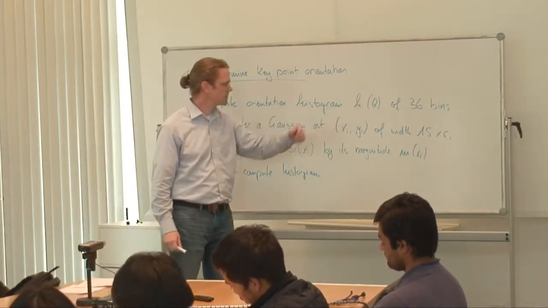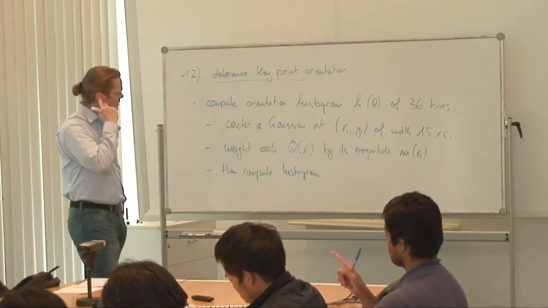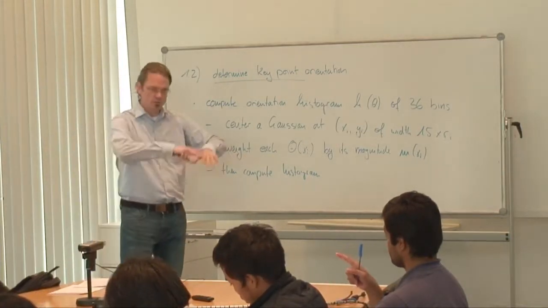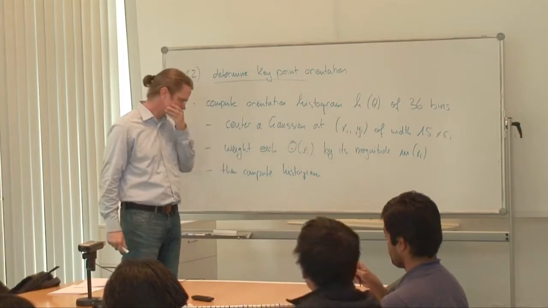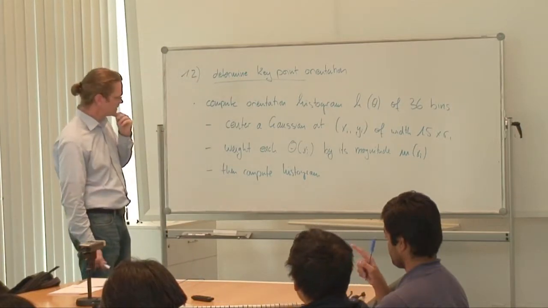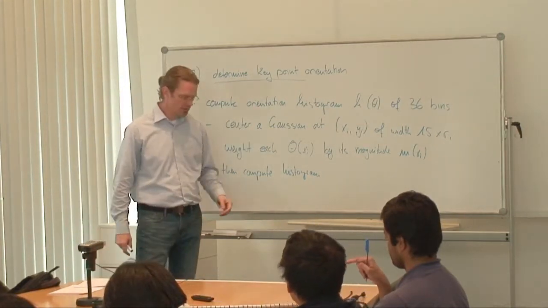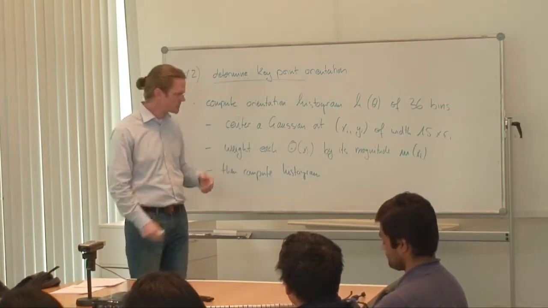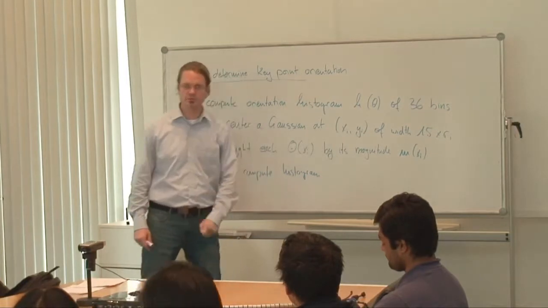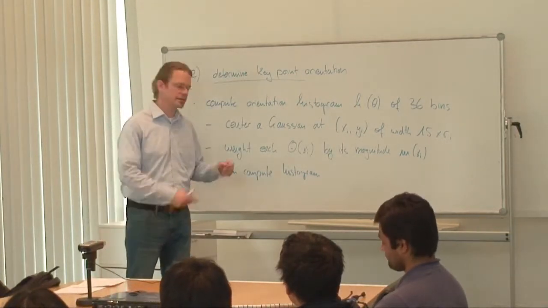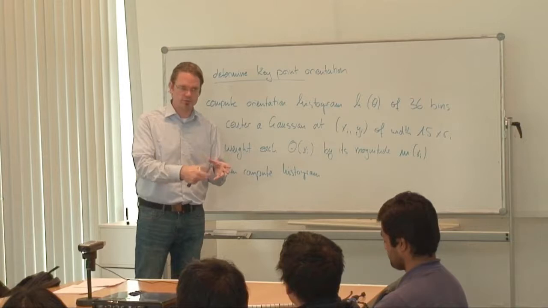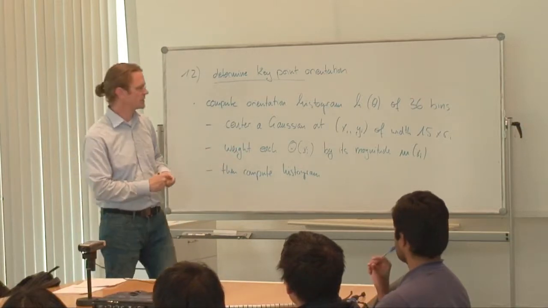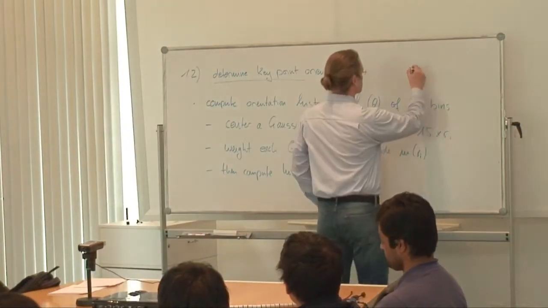That gives us the histogram of 36 bins. Prior to that, we actually smooth the image again and get these directions, and we multiply each direction by its magnitude and count these weighted directions in the histogram. And what that gives us is probably something like this.